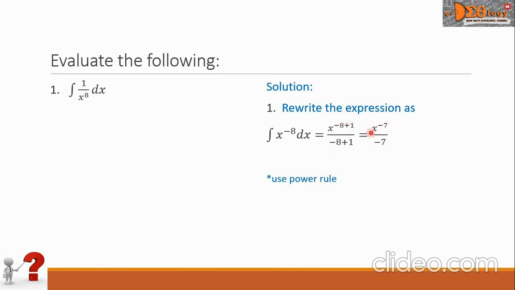So we have x raised to negative 7 all over negative 7. We can simplify this expression into negative 1 all over 7x raised to 7, and then we will add the plus c. This is now the final answer.